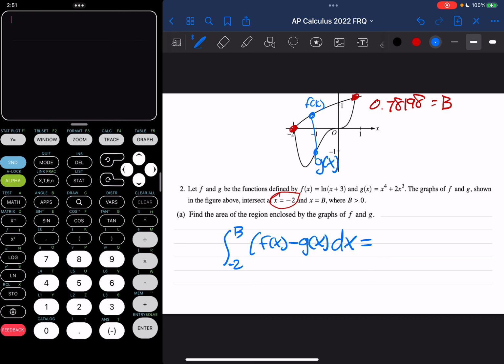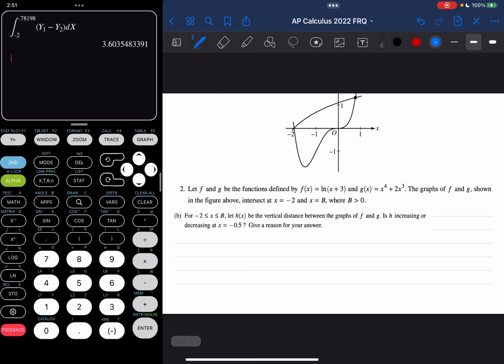So we will go down to integral from -2, and now we type in 0.78198, and now we have to subtract our values, y1 minus y2 dx, and press enter. We have 3.60, and we're going to round, so that's 0.604. That's the region of the area enclosed by those graphs.